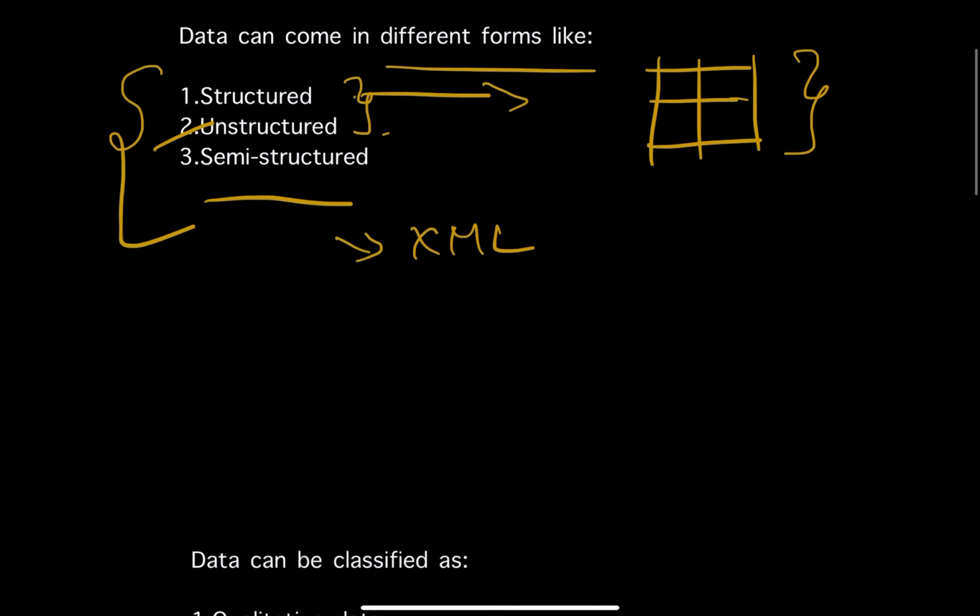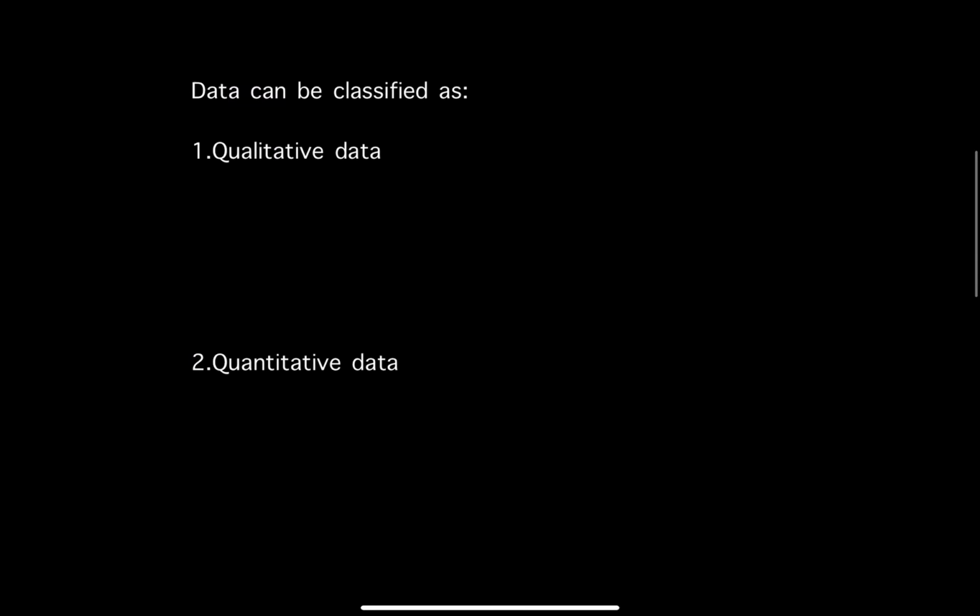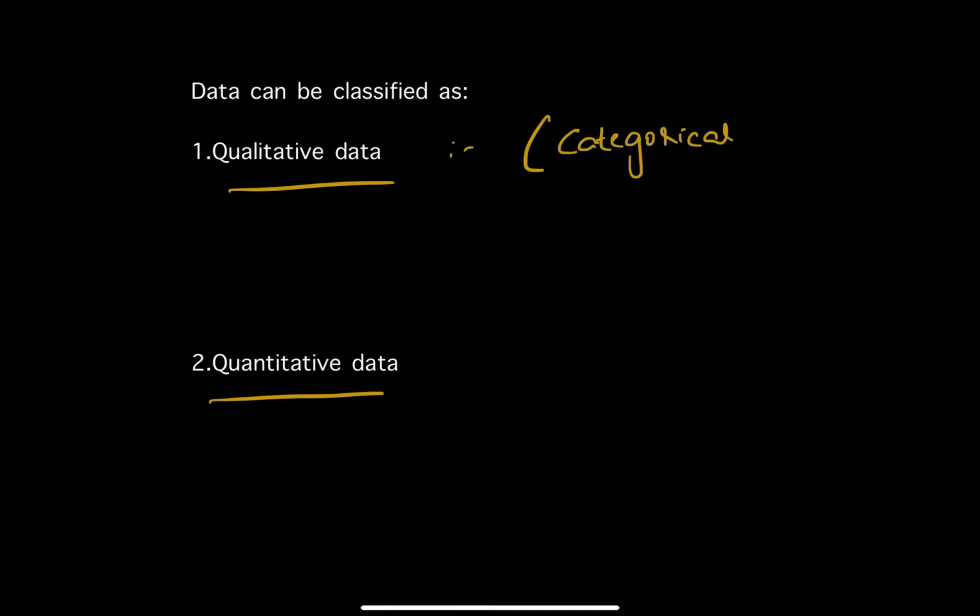Now, we can categorize data as qualitative data and quantitative data. Qualitative data is also known as categorical data. So what does this categorical data contain? It contains some descriptive values.